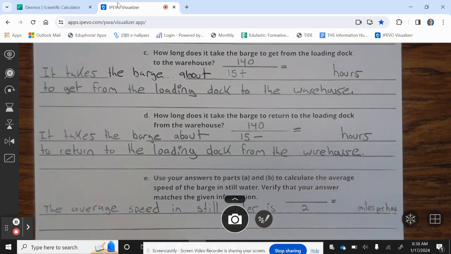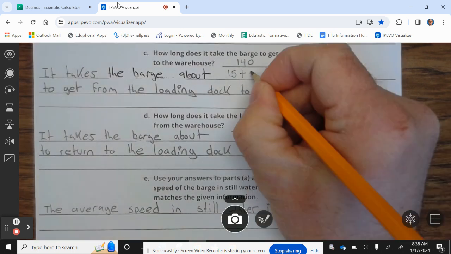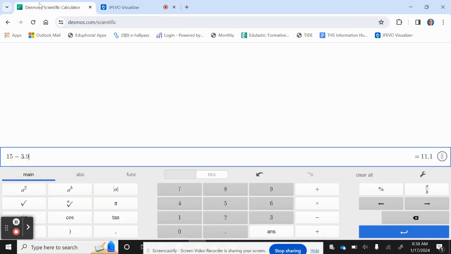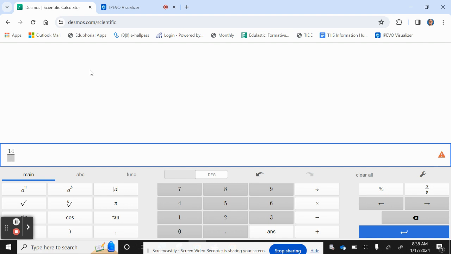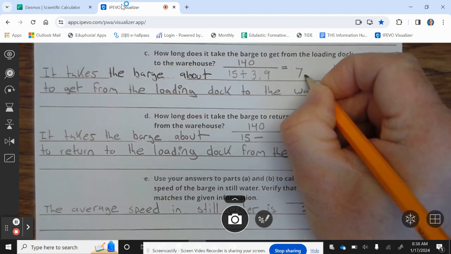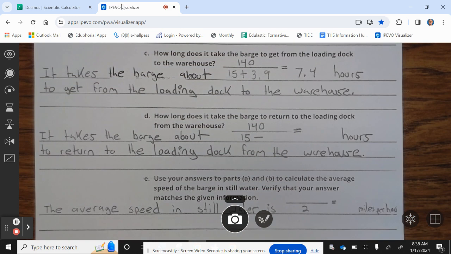C. How long does it take the barge to get from the loading dock to the warehouse? It takes the barge about 140 divided by 15 plus 3.9, which, let's go and do that calculation, is 7.4 hours to get from the loading dock to the warehouse.